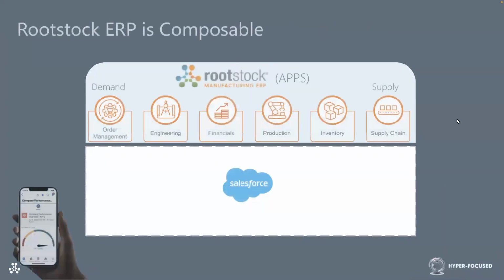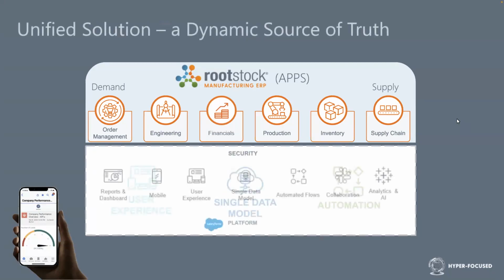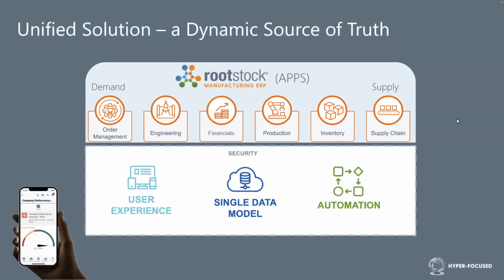Or, I'm an iPhone person, maybe it's your Samsung, or other device. Well, Rootstock being on the Salesforce platform provides the same user experience, the same ease of use. So Rootstock has the apps that you're seeing there, with order management, engineering, through to the supply chain. And the fact that it's built on the Salesforce platform gives you that user experience.